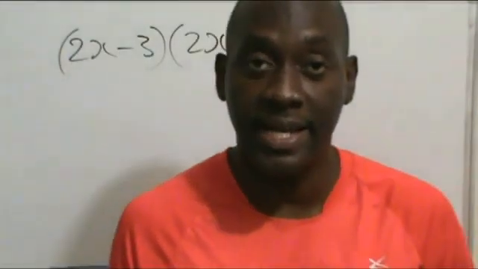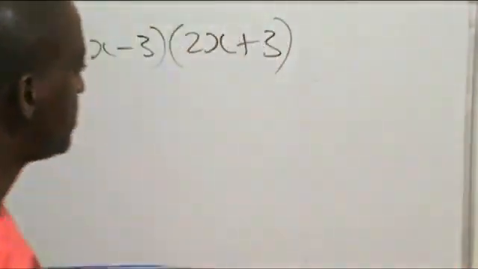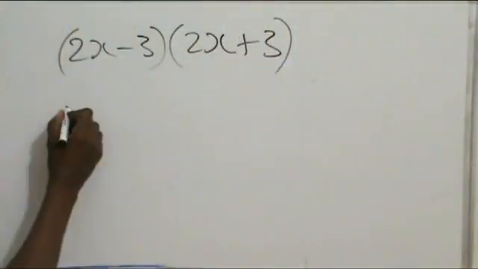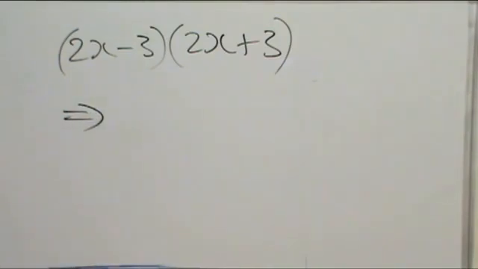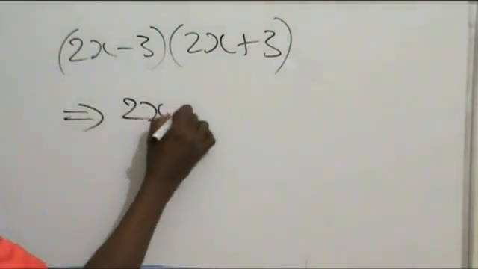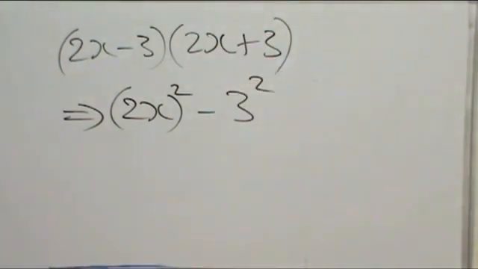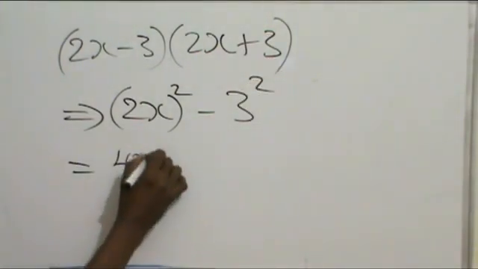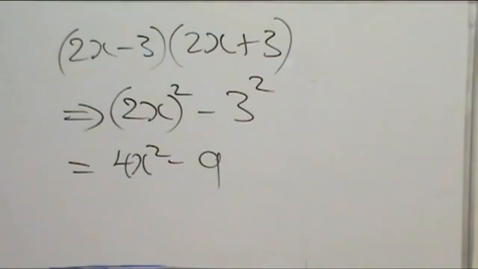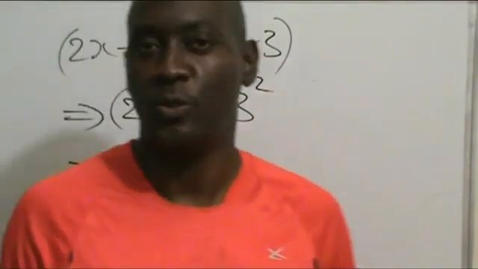Right? You have a plus sign and you have a minus sign. Same entities. 2x plus 3, 2x minus 3. This would simply be, watch it now, next line, 2x squared minus 3 squared. 2x squared is equal to 4x squared minus 9. End of discussion. No such a long talk there.